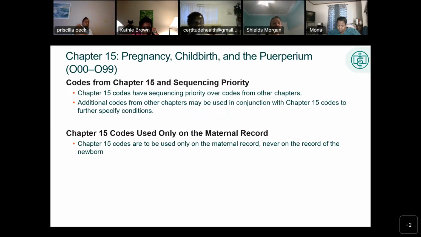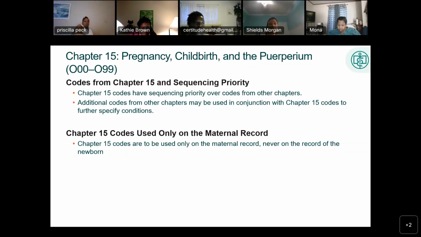Codes from chapter 15, the pregnancy codes, when it comes to sequencing, these codes have priority over codes from other chapters. There's one exception, but these codes are always to be listed first.